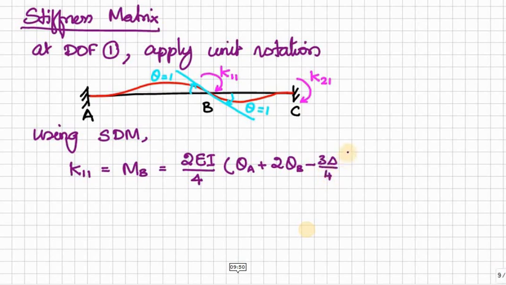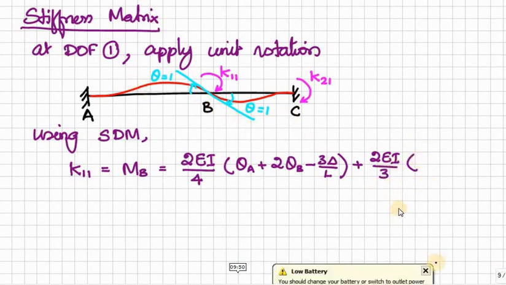So here for the AB span, the length is 4, that's why we have substituted 4 here, then plus 2EI by L. Here L is nothing but the length of the BC member, which is equal to 3.